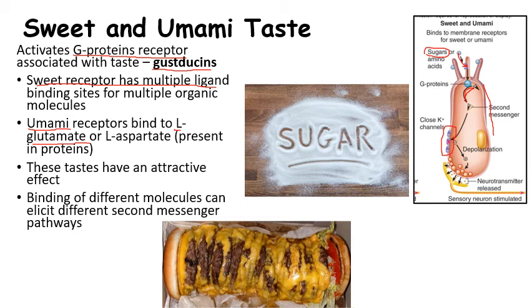Like in our neurons, potassium leaves and keeps our membrane potential down at -70 millivolts. If potassium is not allowed to leave, that's going to cause the cell to depolarize. Again, the depolarization results in release of neurotransmitter. Okay, so that's the signaling there.